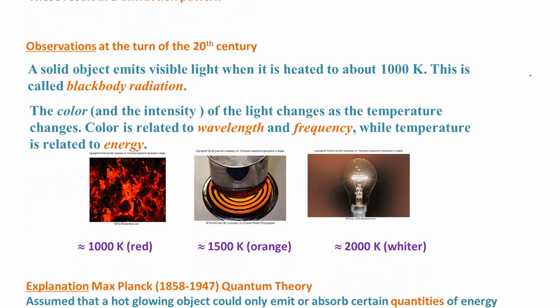Now, in the early part of the 20th century, the wave theory of light was the model used. But in 1905, Albert Einstein was able to explain what we call the photoelectric effect by postulating that light had both wave and particle properties.